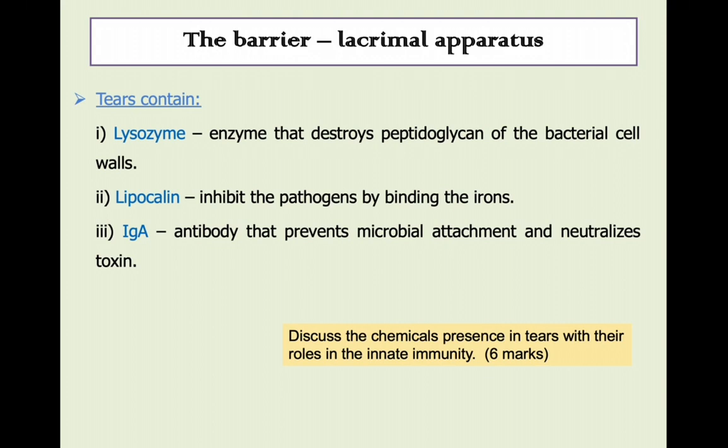Right, binding of ions, I will give a deeper explanation after this lah. I akan beritahu you tentang how the growth of bacteria and pathogen can be suppressed by binding of the ion. Okay, and IgA, an antibody lah, to prevent microbial attachment and neutralize toxin.